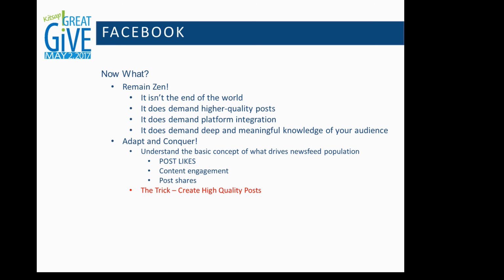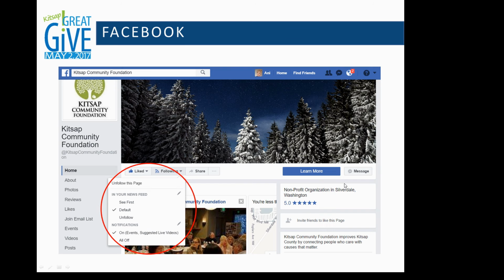And the trick to doing this without, well, you could outright beg. That's always an option. But really, you want to create high quality posts. And you want to know when to put those high quality posts up. So you have to know what is it that they care enough about to share, and when are they on there to see it. Once you know these things, as I said, educate your power users or your super fans and get them to go with you.